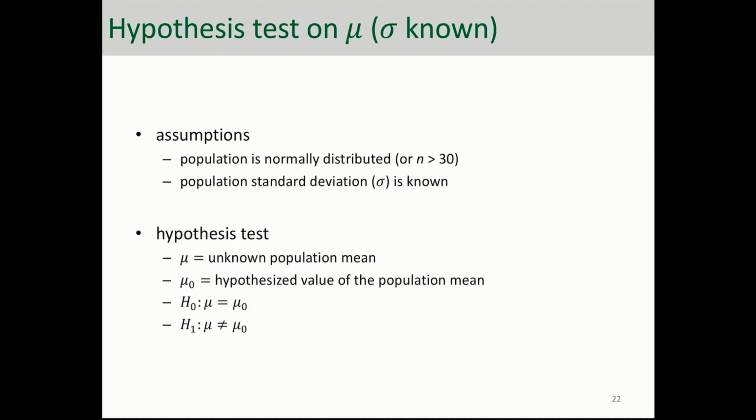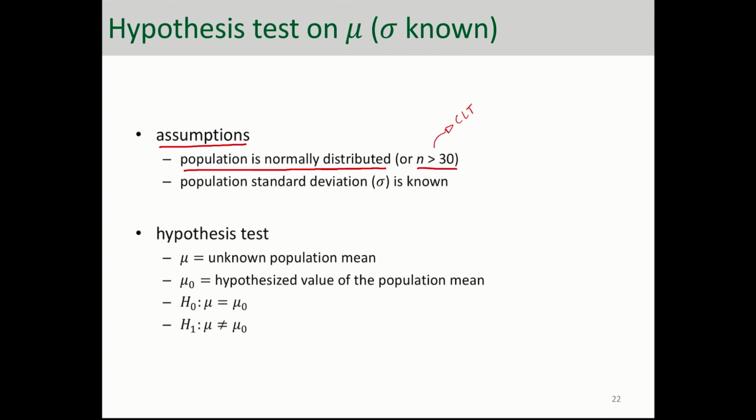But to talk more about this, first of all, there are some underlying assumptions of hypothesis testing. First, the population is normally distributed, or if you're not sure about that, we need to collect a sample of size 30 or more. In that case, the central limit theorem kicks in and makes sure that the sampling distribution is normal.